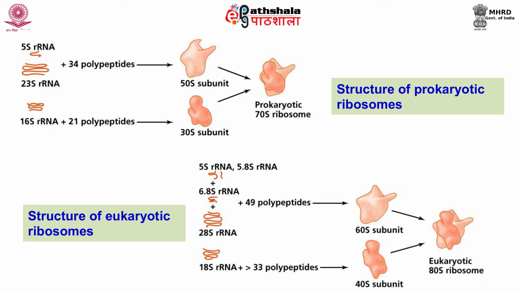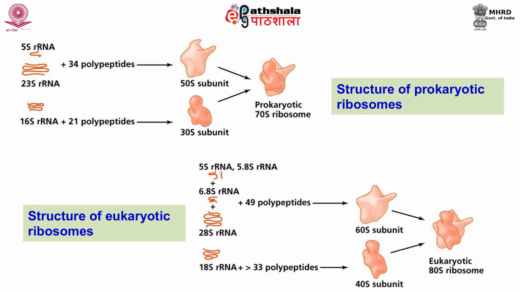The 50S subunit consists of 5S rRNA, 23S rRNA and 34 polypeptides, whereas the 60S subunit is made up of 5S rRNA, 5.8S rRNA, 28S rRNA and 49 polypeptides.